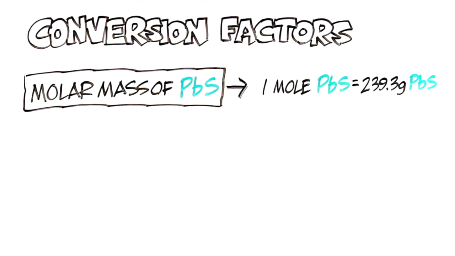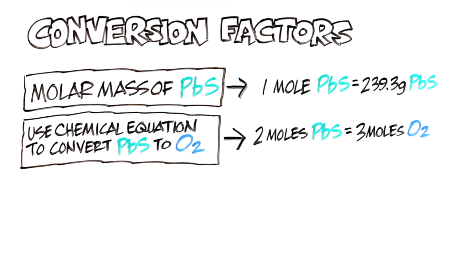1, how many grams of lead-2 sulfide are in 1 mole of lead-2 sulfide? When we calculate the molar mass, we find that 1 mole is equal to 239.3 grams of lead-2 sulfide. 2, how do we convert from moles of PbS to moles of O2?